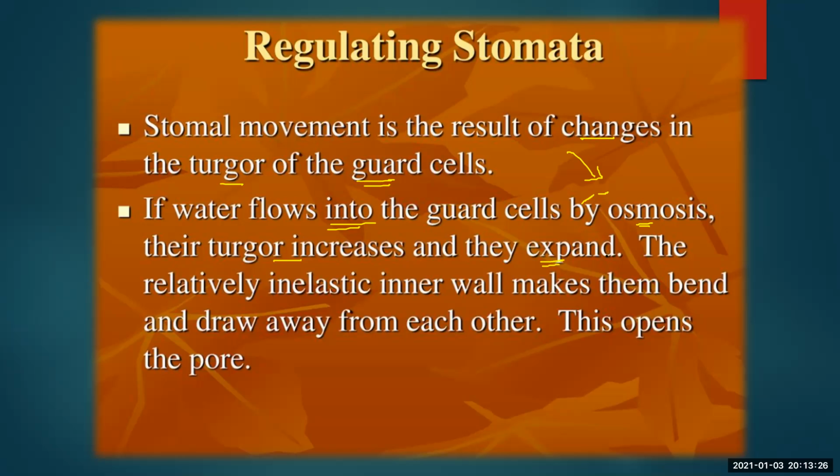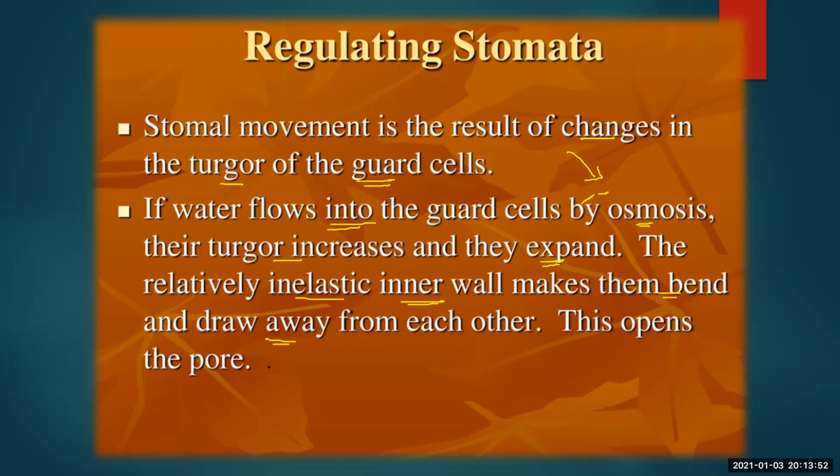right? But what actually happens, since we just discussed that the inner cell wall is thicker and the outer one is thinner, is that this relatively inelastic inner wall makes them bend. So their length doesn't change, right? The inner walls don't move, but the outer walls can move because they're thinner. So it makes them bend and draw away from each other.